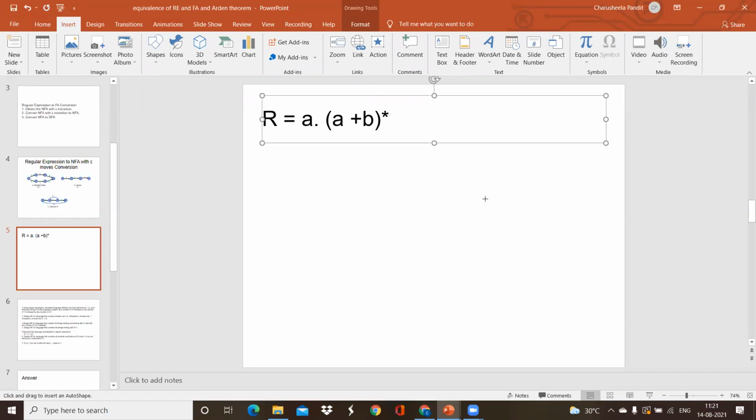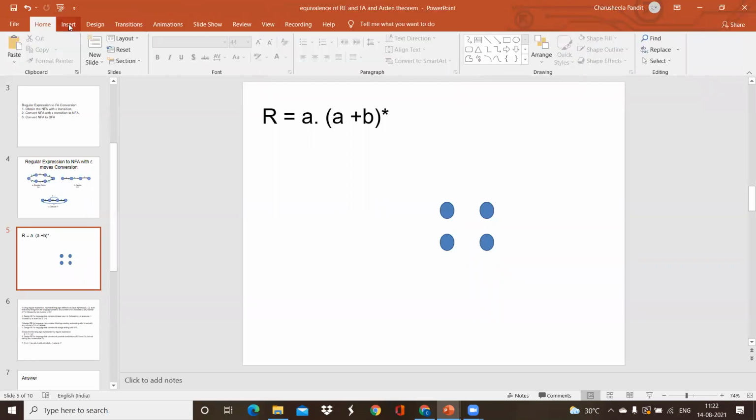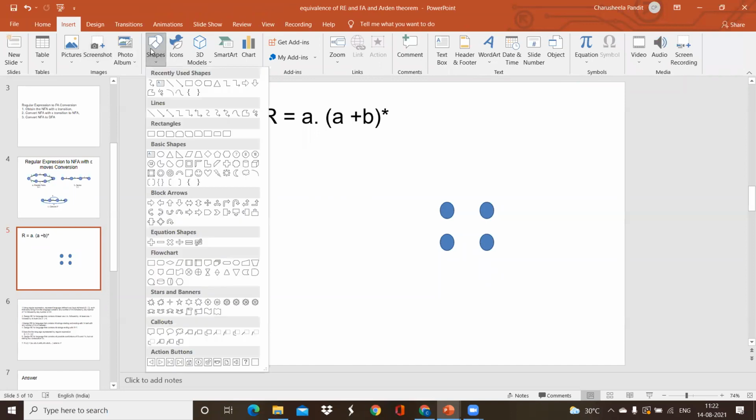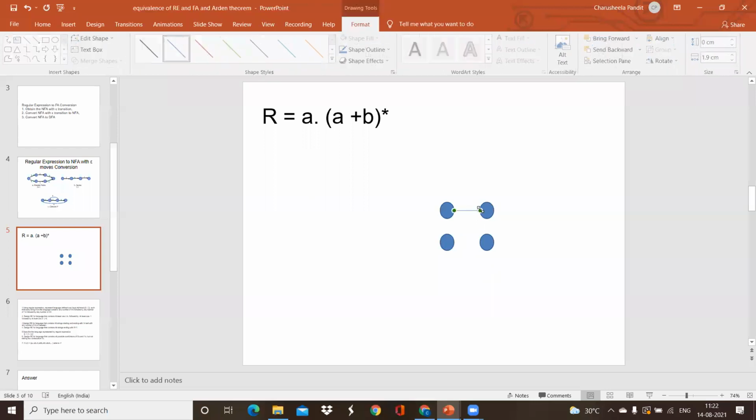Here, this is for A. For A, I am having this. Then I'll draw one more, and here I'll show it for B. These parallel paths I'm showing.